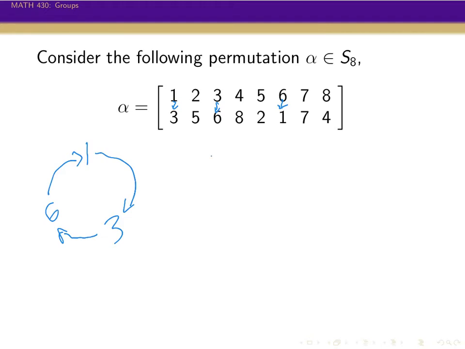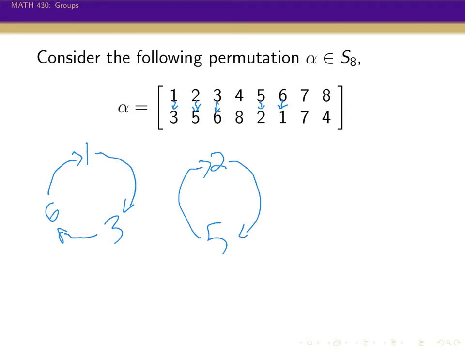What about 2? Well, 2 goes to 5, and 5 goes back to 2. So we have this cycle between the 2 and the 5. The permutation swaps 2 and 5.